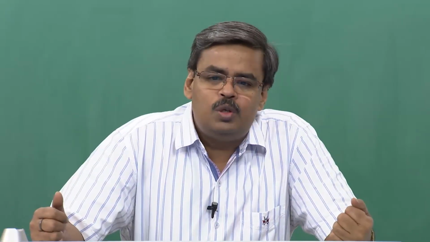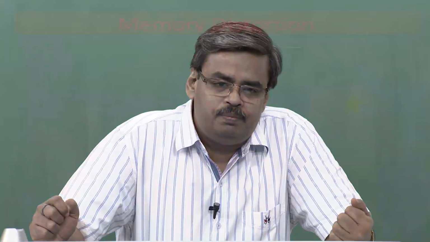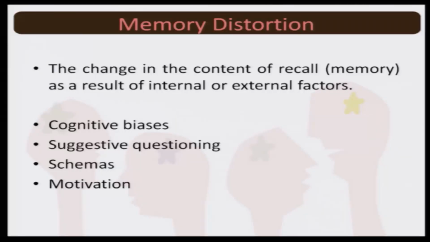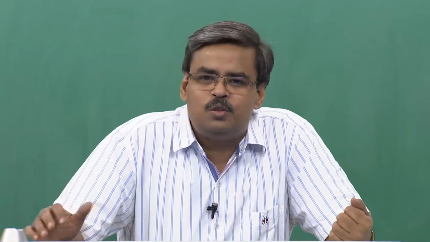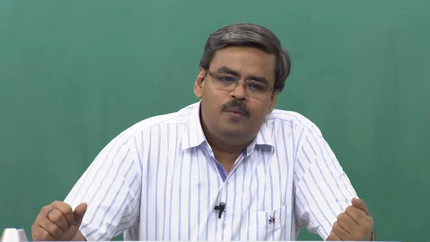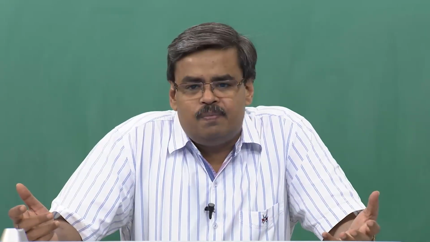Now, we come to what is called memory distortion. Remember, we are still not talking about forgetting. Forgetting will be our last lecture with respect to this very topic on memory. Now, memory distortion basically is a change in the content of the recall as a result of internal or external factors. So, there could be cognitive bias.